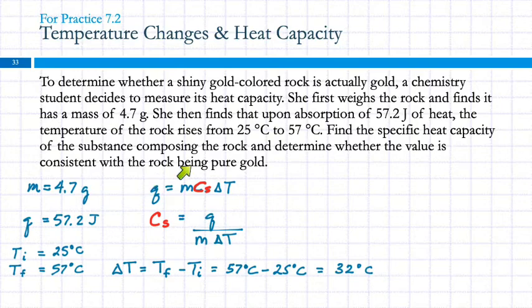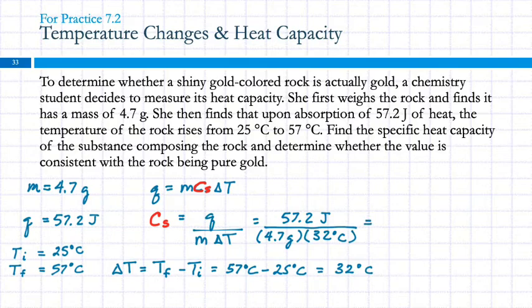I took this equation and divided both sides by M delta T. Now that I've rearranged the equation, I can plug my values in with their units, 57.2 joules. Down here, my mass is 4.7 grams. Change in temperature is 32 degrees Celsius.